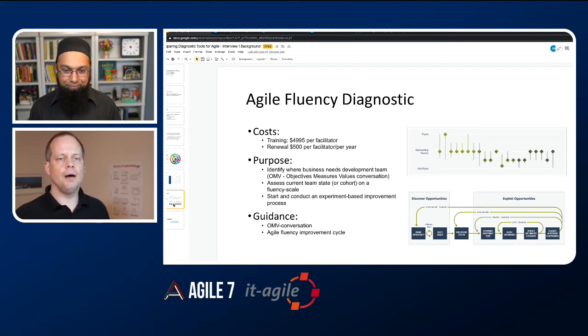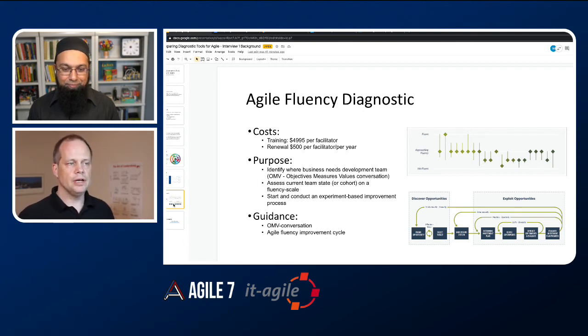So you become a specially trained Agile Fluency Diagnostic facilitator, and that's why the pricing is not related to the number of teams, but per facilitator. So after becoming a facilitator, you can do as many diagnostics as you like. So in a large company, you could really scale that, or you could be a freelancer and just go from company to company and do the diagnostic.